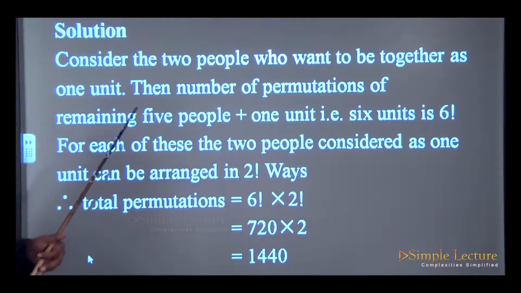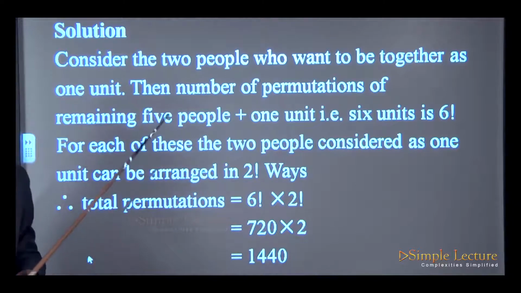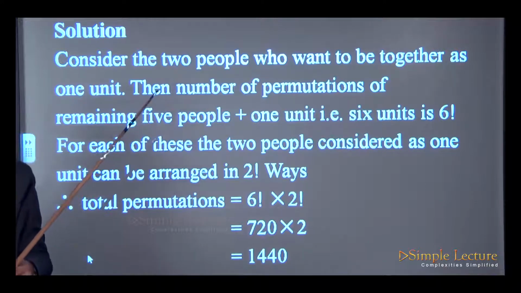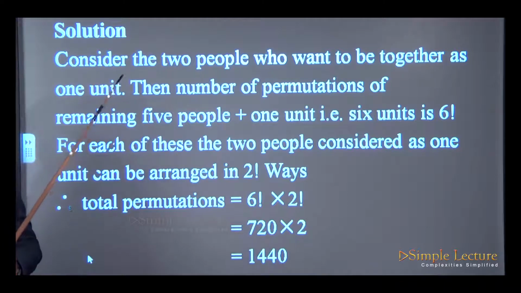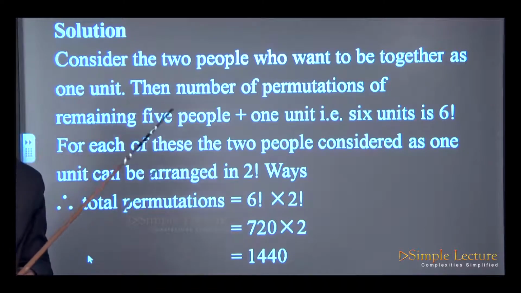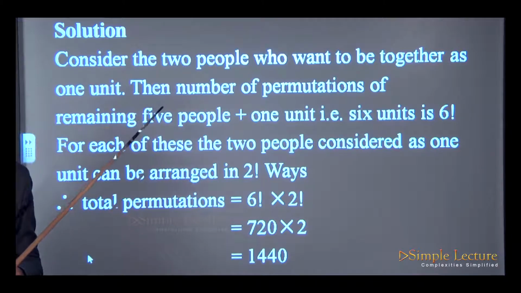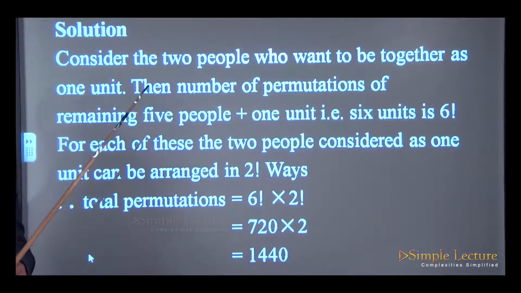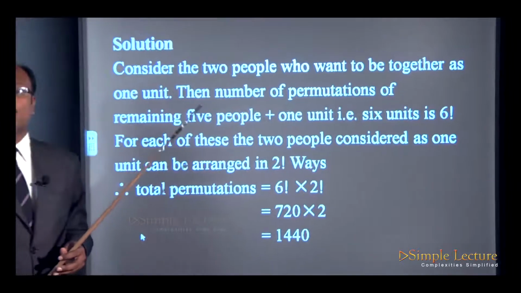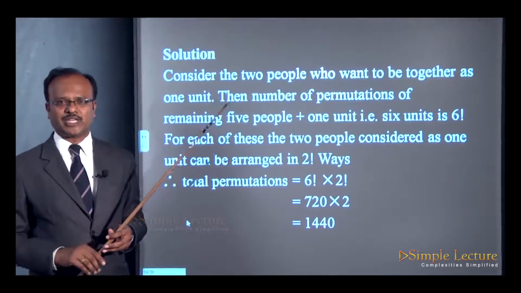So, that is what you get, 6 factorial. Now, for each of these, the 2 people want to be together, but of these 2 people who are together, one person can sit to the right of the other sometimes, or the other person can sit to the right. So, these 2 persons can be further arranged in how many ways? 2 ways amongst themselves, though they want to be together.